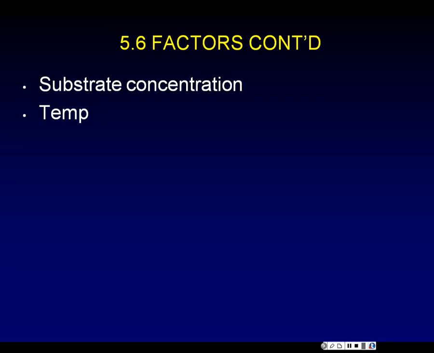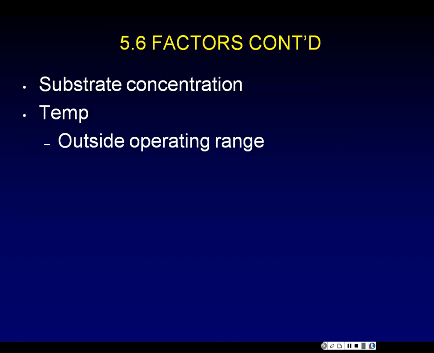All right, temperature. Anytime we're outside the operating range, and this is nice because you're going to get this before you actually go to lab, if we're way too cold, the enzyme is not going to work. If you're way too hot, the enzyme is not going to work.